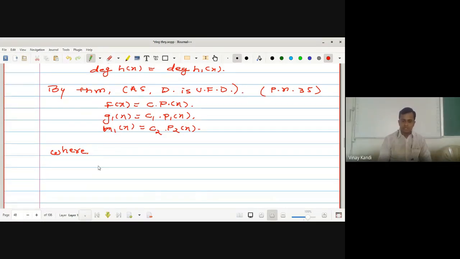Hence c1, c2 and c belong to D, a unique factorization domain, and p of x, p1 of x and p2 of x belong to capital D of x.